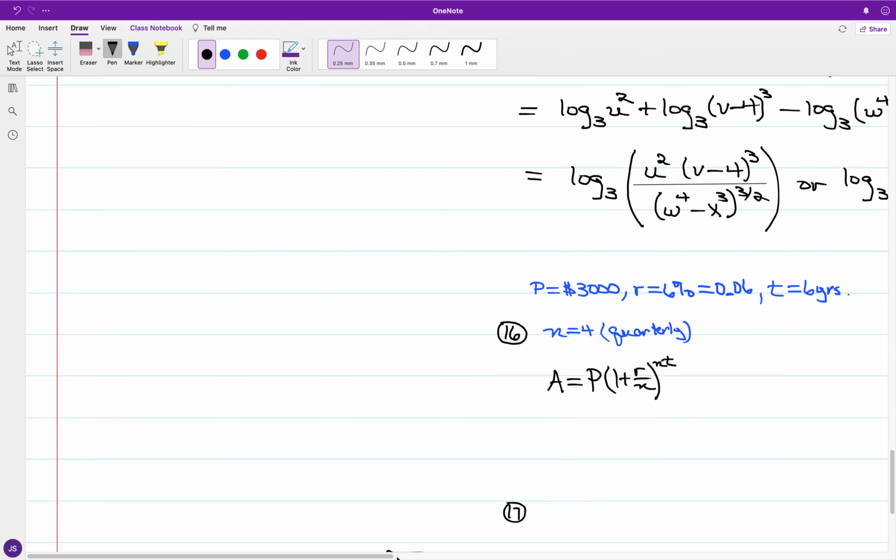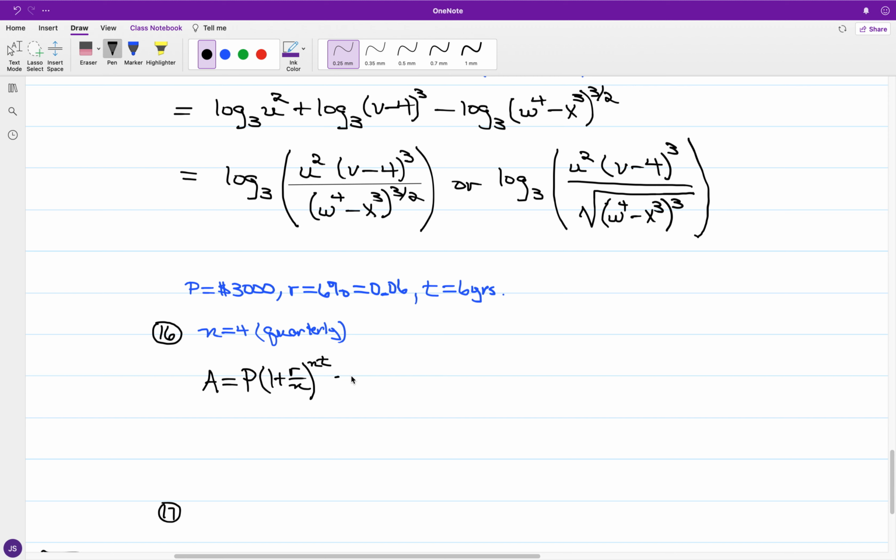Just filling in the values: upon substituting, for P we've got $3,000, times the quantity 1 plus r over n, where r is 0.06 and n is 4 with the quarterly compounding. For the n times t exponent, you have 4 times 6, so you have the 24th power.